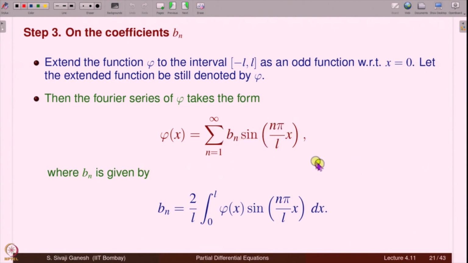Note here there are no cosine terms, that is because phi is an odd function. The coefficients corresponding to cosine terms will be 0. And what is bn? It is given by this expression. Formally, you can easily get it: multiply both sides with sin k pi by l x, integrate between 0 to l, and you will get such an expression for bk.